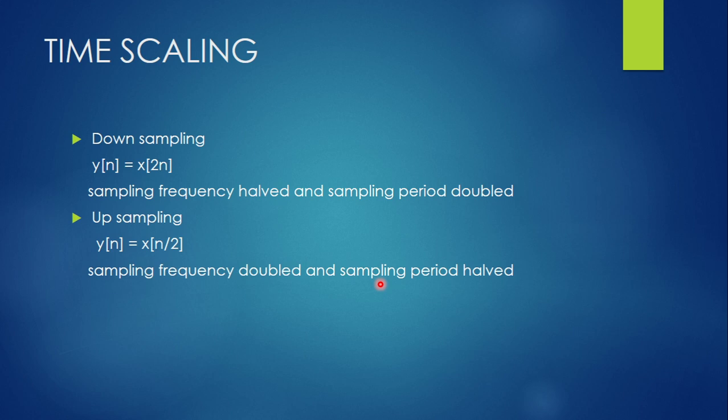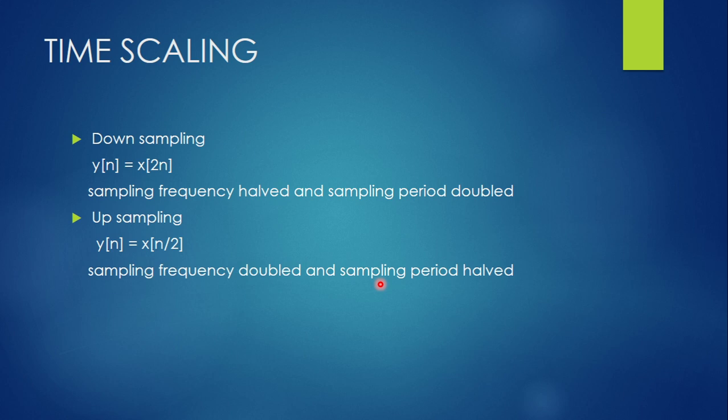We take the samples at 2, 4, 6, 8 milliseconds. When up sampling is done, sampling period is half, which means now we will take samples at 1 millisecond, 2 milliseconds, 3 milliseconds. So the number of samples will be doubled, and sampling frequency will be doubled. That is the time scaling.